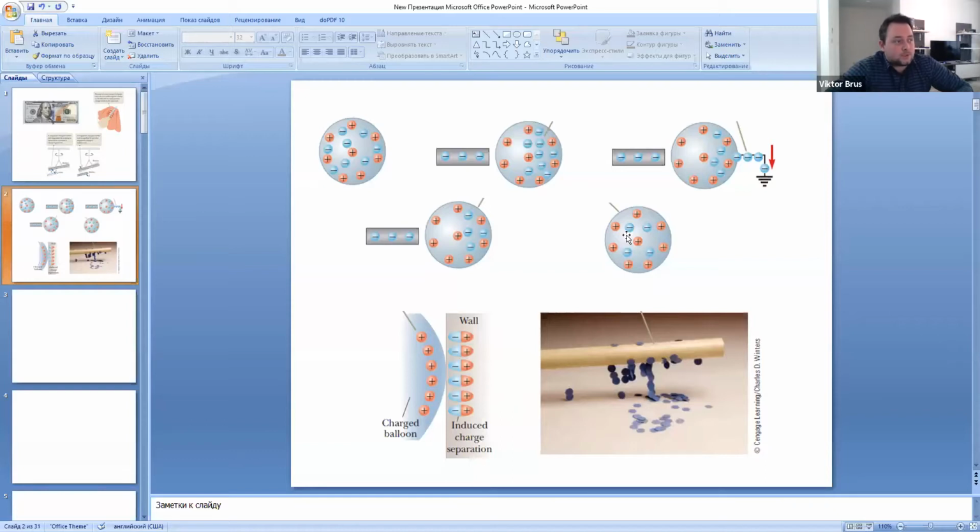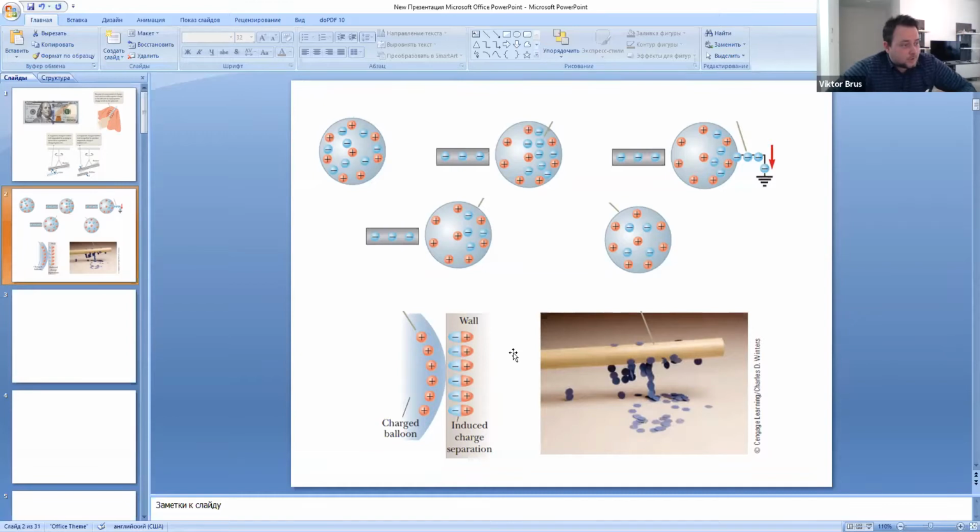So this body will be electrically charged. However, as you may see from this sequence, we didn't have any physical contact between the bodies. So it's possible to charge bodies even without direct contact between them.